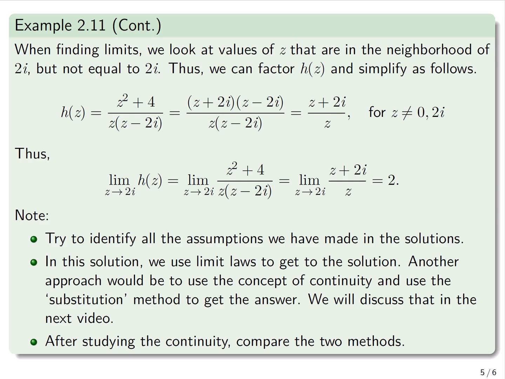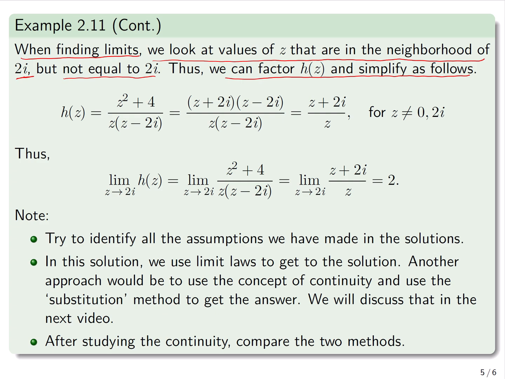When finding limits, we look at the neighborhood of c. We look at the neighborhood of 2i, not really the value at 2i. So we assume that z is not equal to 2i. That's the assumption we make when we find a limit: we see the behavior near c. Because of that, we can factor and simplify.